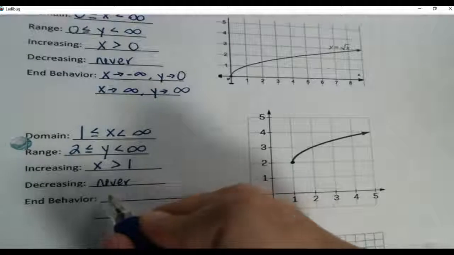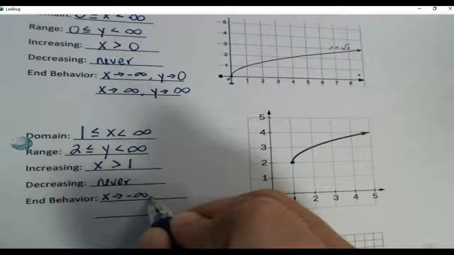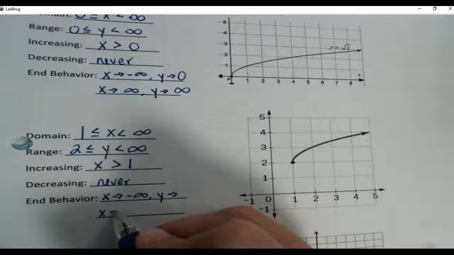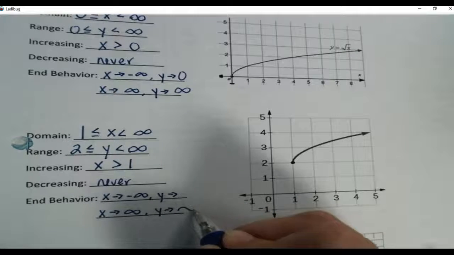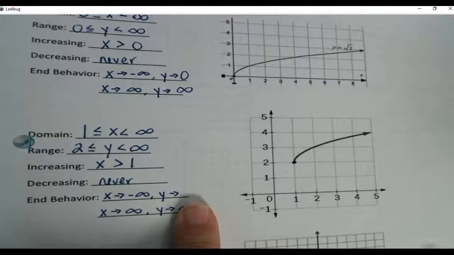Alright, so then in behavior, again, we can always start as x goes to negative infinity, y goes to something. As x goes to positive infinity, y goes to something. For this one, yes, but not always. We'll look at one in a second where it's not.